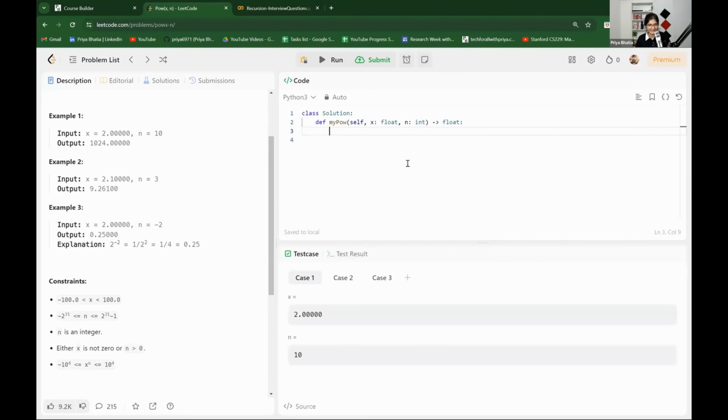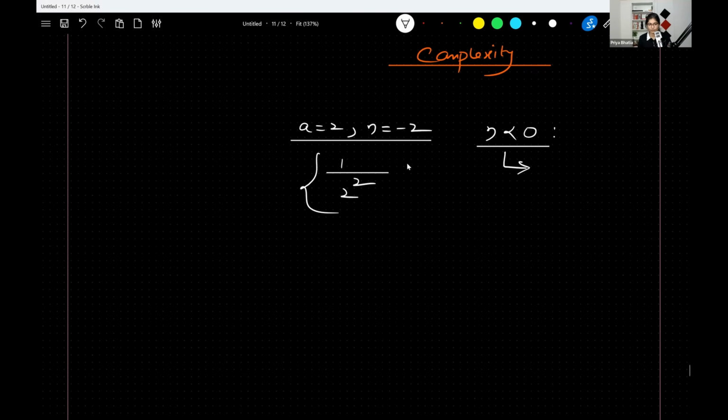The variables they are taking are X and N. Whatever number you have, that X will become 1 by X. And this value of N, take it as negative of N, so it will become positive. That's what you have done.